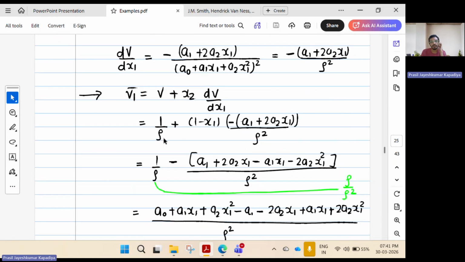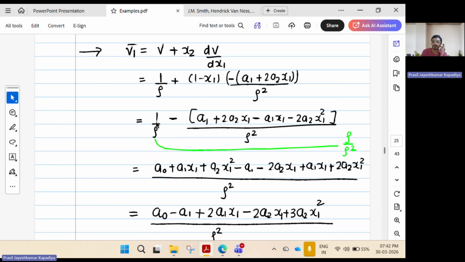So 1 upon rho minus this, if I expand, keeping the minus outside, it is a1 plus 2a2 x1 minus a1 x1 minus 2a2 x1 square divided by rho square. So I can write 1 upon rho as rho by rho square, correct? Rho was a0 plus a1 x1 plus a2 x1 square, minus this whole term, divided by rho square.